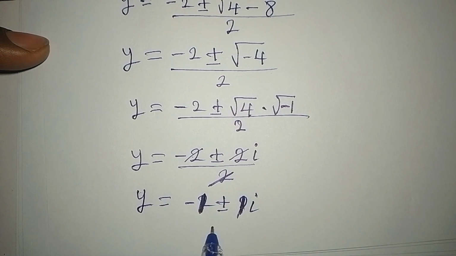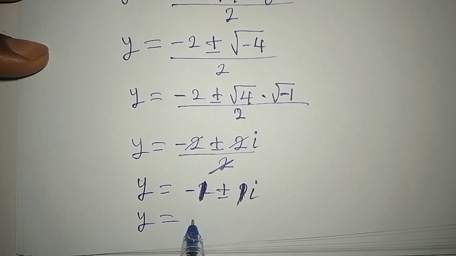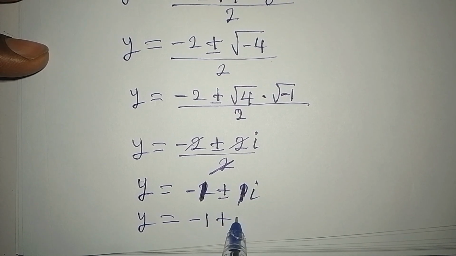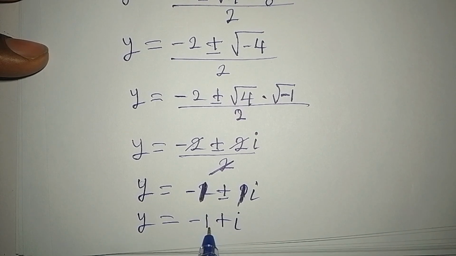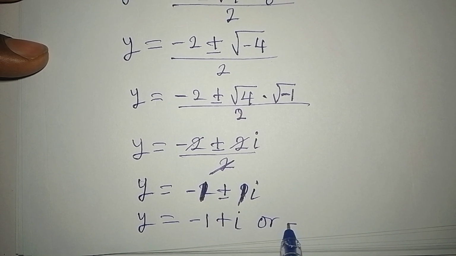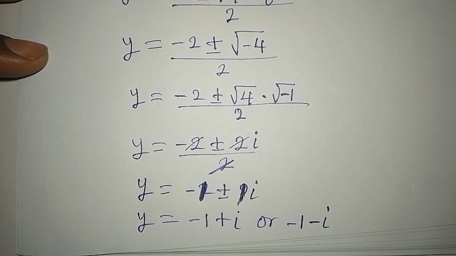We no longer have any denominator there, so we have y equal to −1 + i. Do you know that 1i is the same thing as i? So we have y equal to −1 + i, or −1 − i.